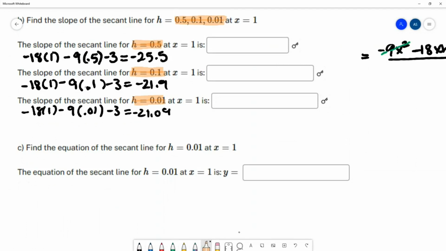So you can see our calculation here is starting to focus in on a certain number, probably negative 21, which is something you'll discuss in calculus.